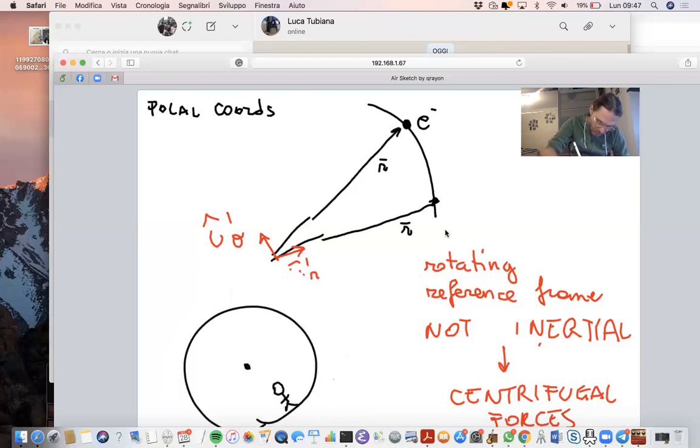This is a space station rotating in this direction. There will be a centrifugal force, and this centrifugal force can be tuned. The strength of the centrifugal force depends on the mass of the particle. It can be tuned by setting the velocity of rotation in such a way as to produce an acceleration close to g.